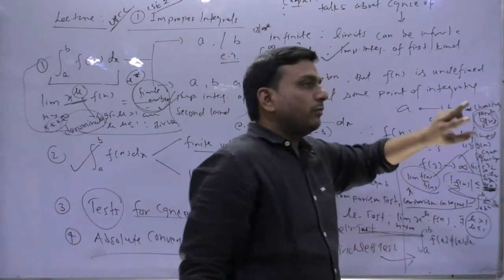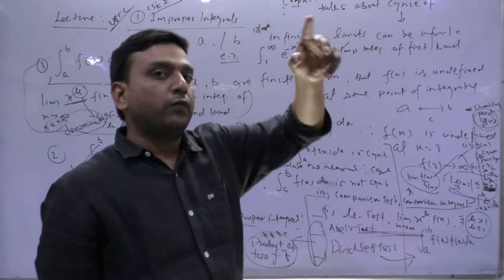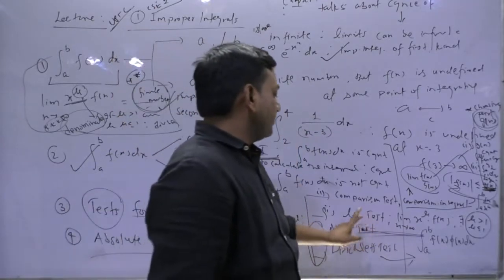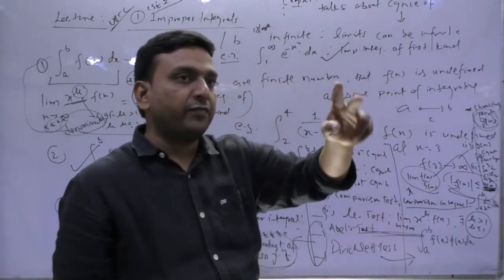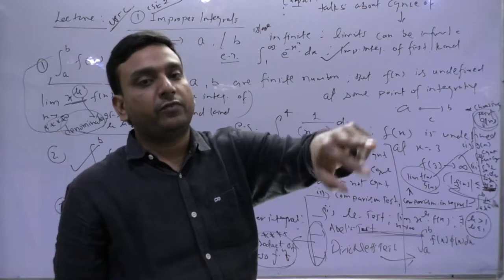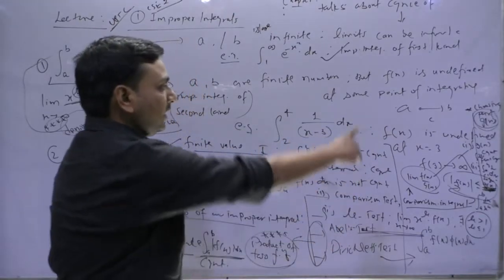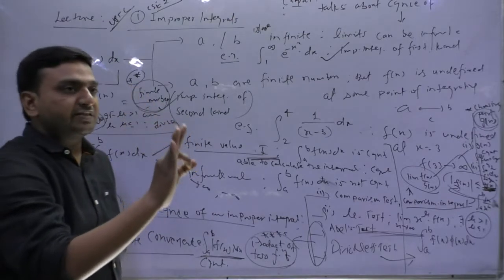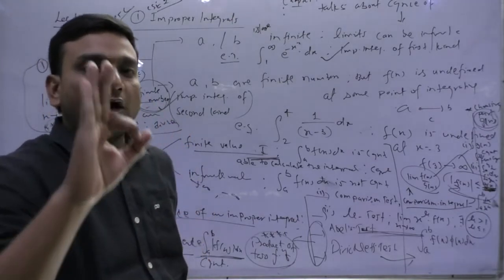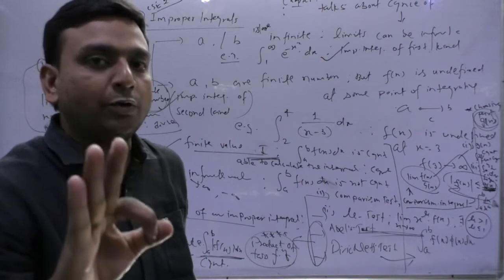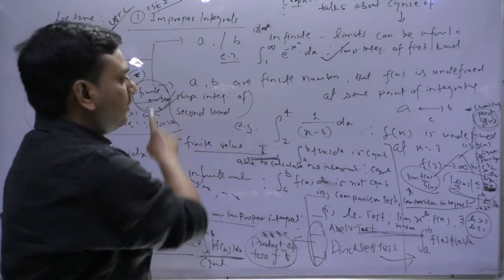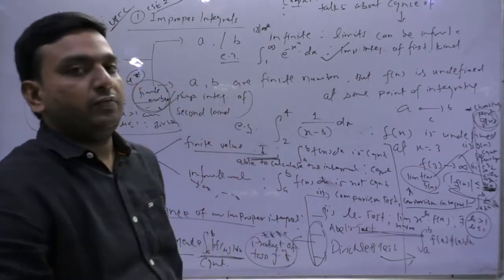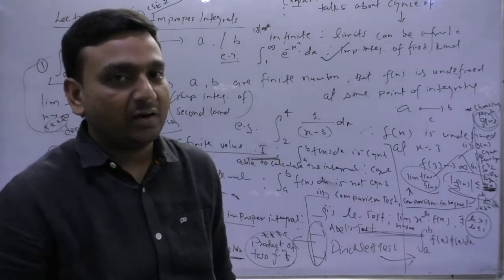The comparison integral will be different for first kind and second kind. Abel's and Dirichlet's conditions will be different for first kind and second kind. What I have dictated here is the general understanding required for this particular chapter. Is that clear or not?